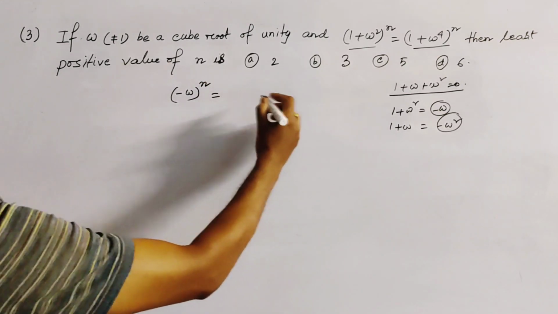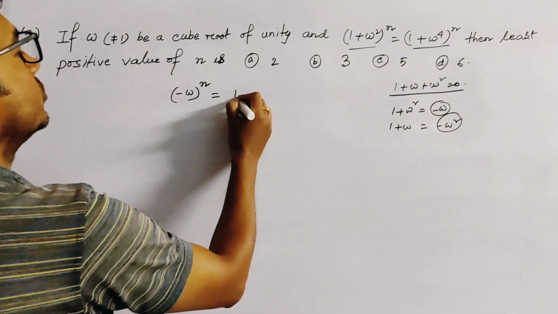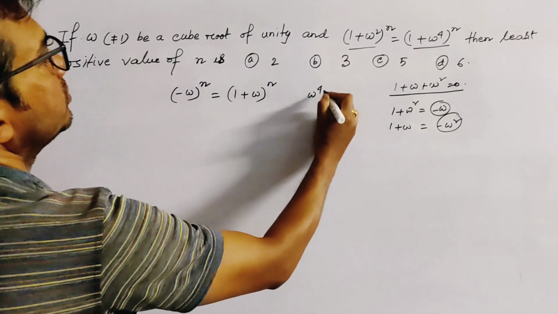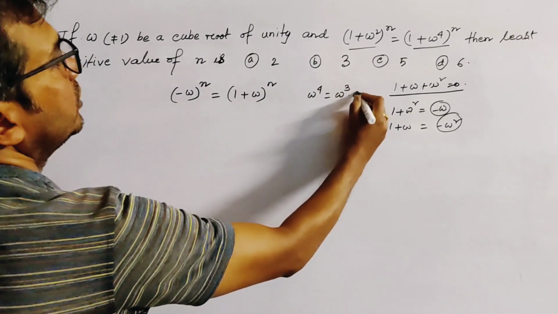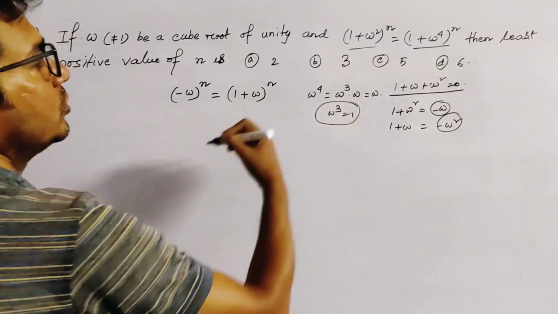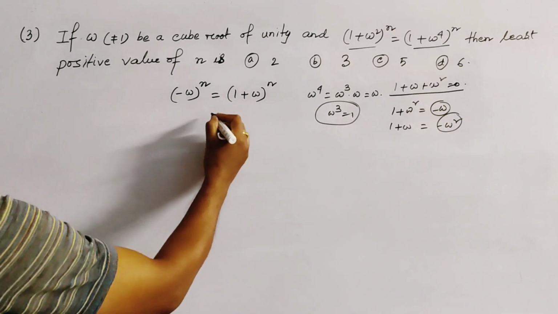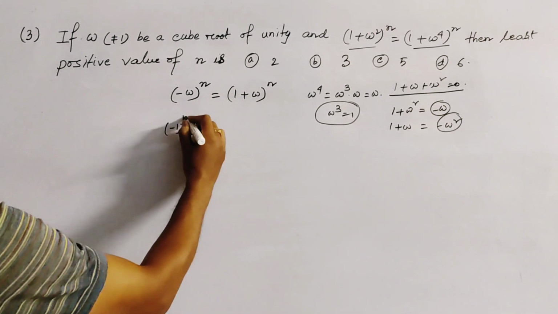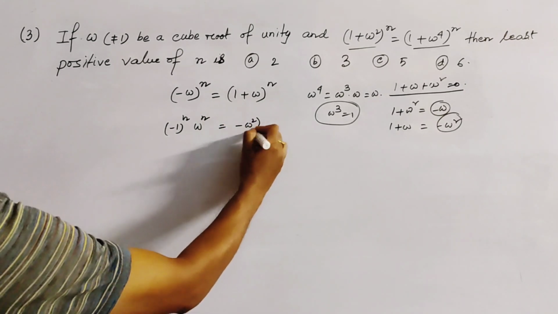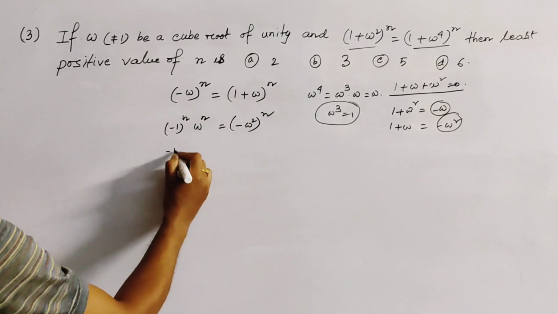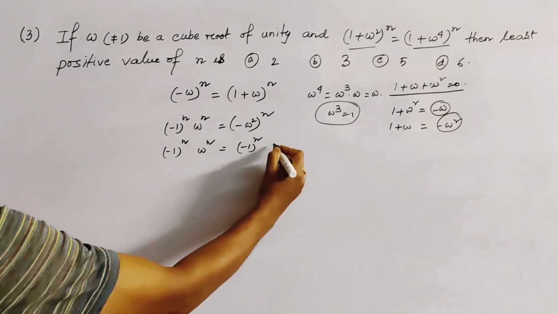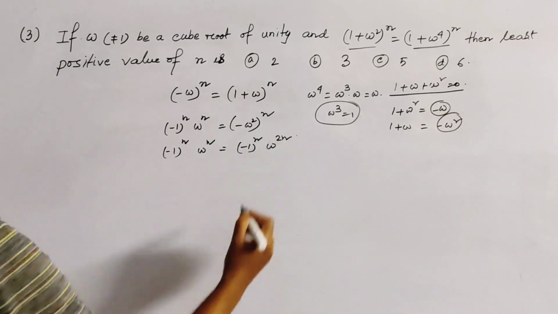We get (minus omega) whole to the power n equals (1 plus omega to the power 4) whole to the power n, so this is (1 plus omega) whole to the power n, because omega to the power 4 equals omega cube into omega, which equals omega, because omega cube equals 1. And so (minus 1) to the power n into omega to the power n equals (minus omega square) to the power n, so (minus 1) to the power n omega to the power n equals (minus 1) to the power n omega to the power 2n.